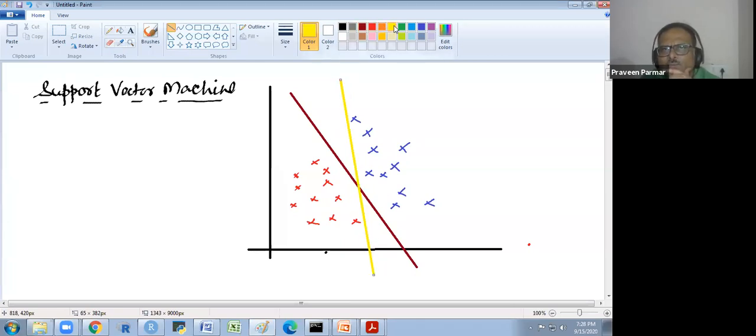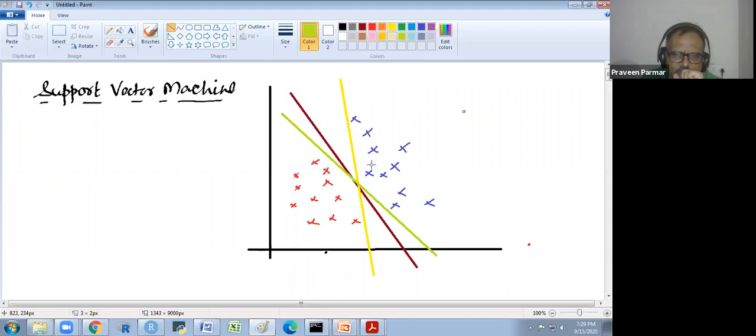I have many ways to draw the plane and differentiate both the classes.